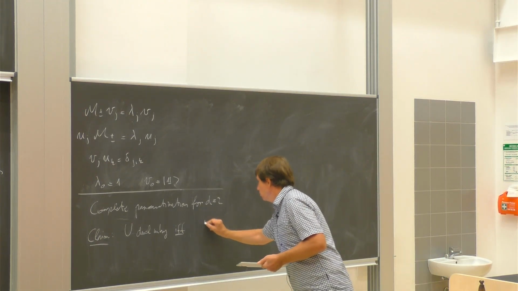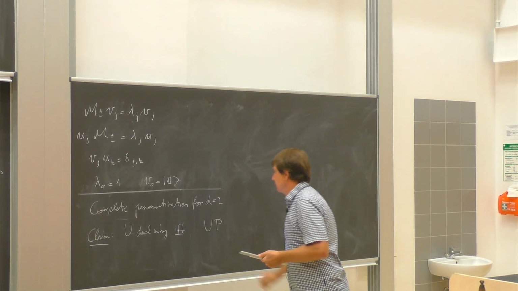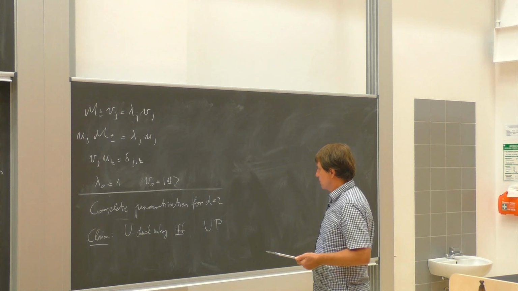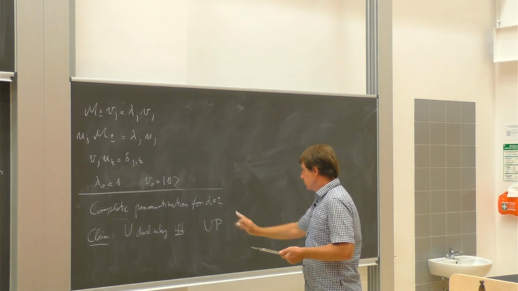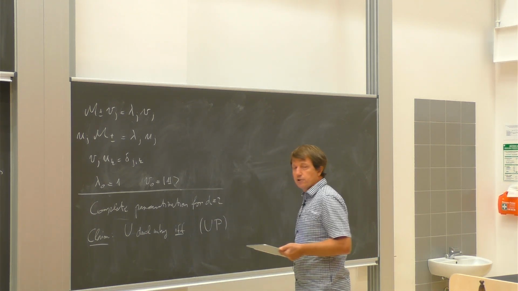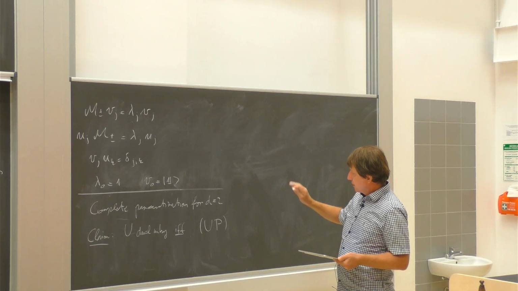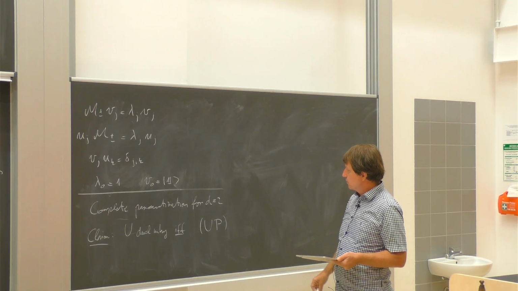So if U times P, I denoted P as you remember from my first lecture, P was the permutation of two sides, right? So U times P, and then there is an operation which is also very popular in quantum information theory, which is called partial transpose.